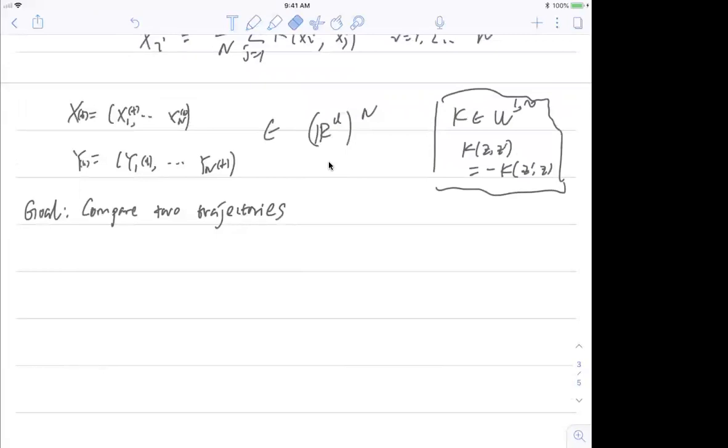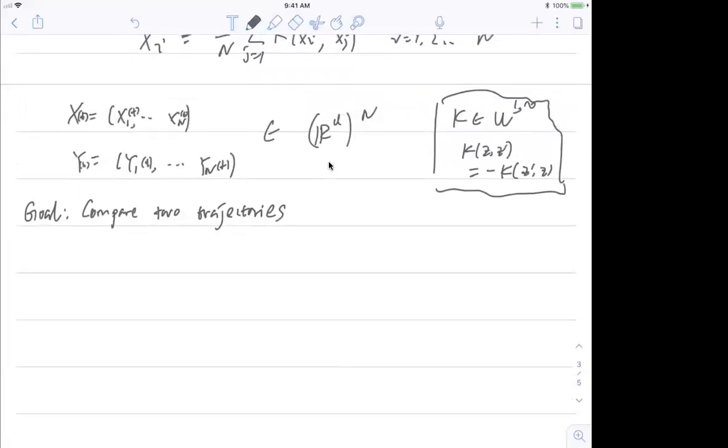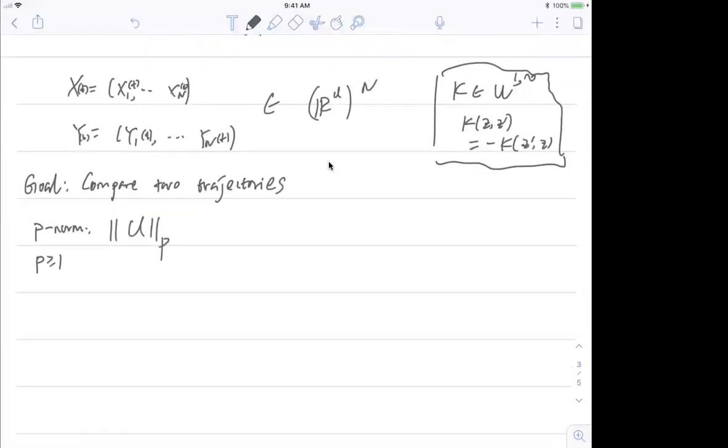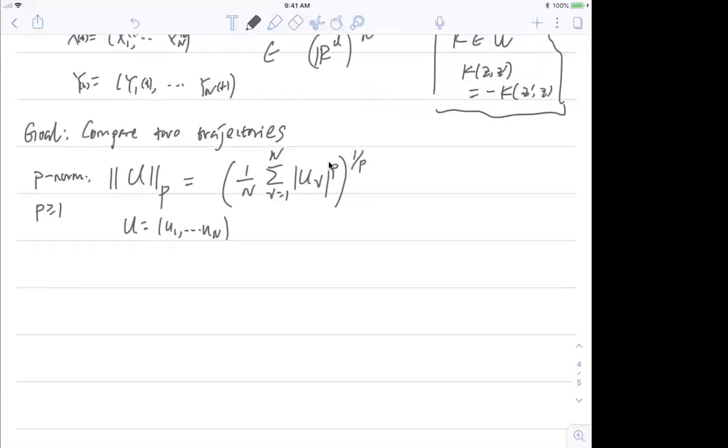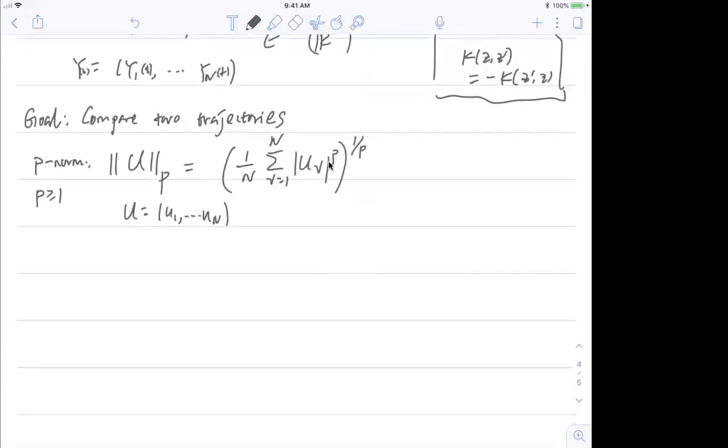To compare two vectors, we need a norm. Let's use the p norm, where p is bigger than or equal to 1. So for u equal to u_1 to u_N, it is the normalized norm, with 1 over p.